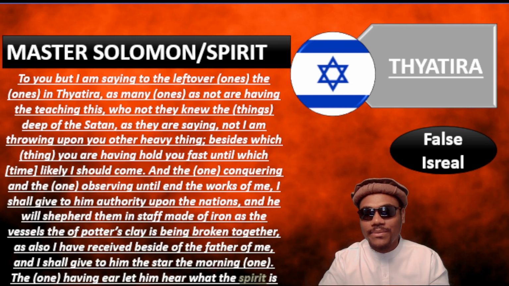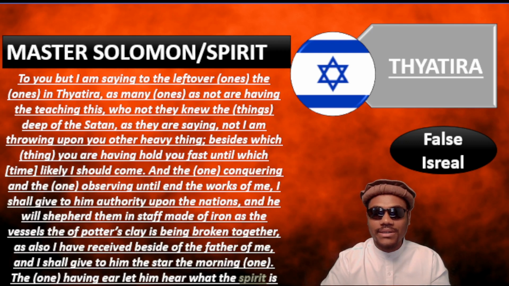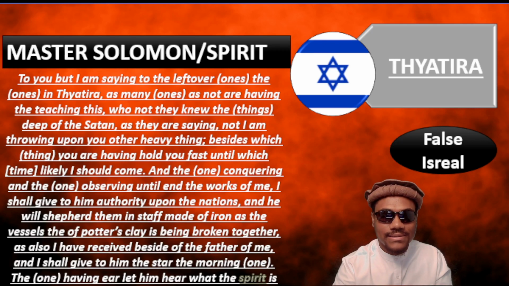I shall give to him authority upon the nations, and he will shepherd them in staff made of iron, as the vessels, the of potter's clay is being broken together, as also I have received beside of the Father of me, and I shall give to him the star of the morning one, the one having ear. Let him hear what the Spirit is saying to the ecclesias.